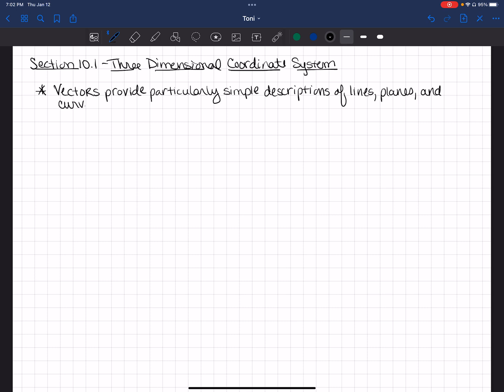And what we do is we pretty much start talking about 3D figures instead of two-dimensional figures. So we add a whole other axis to the X and Y axis, okay?